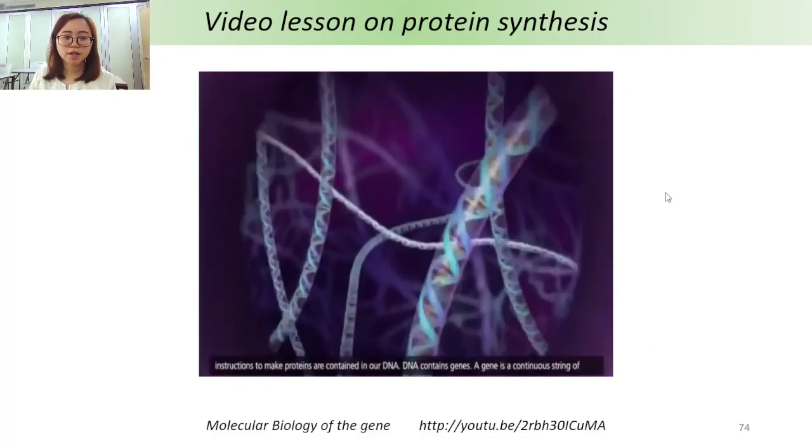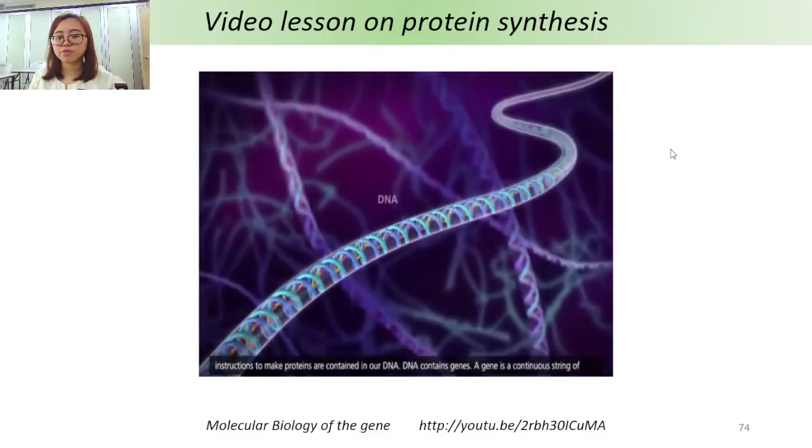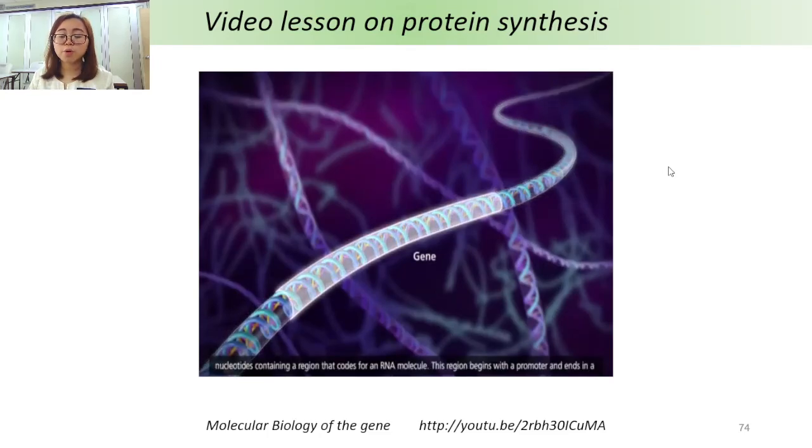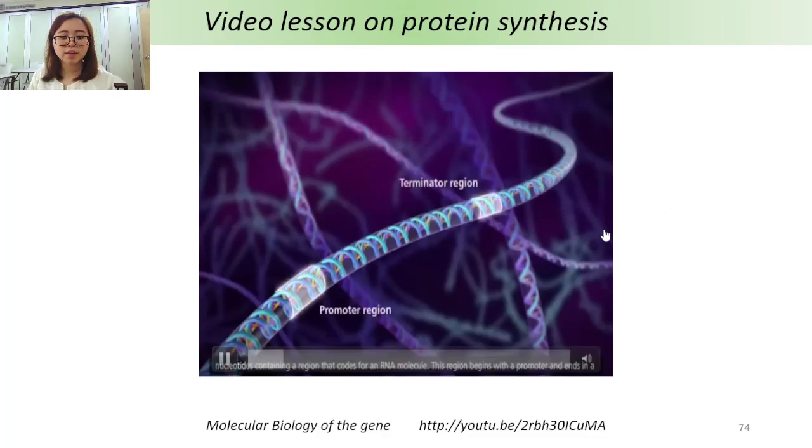The instructions to make Okay, so do have proteins a are look. It contained has in a our really good DNA. explanation. And DNA I contains really hope that it genes. helps A you to gene is a visualize continuous how string of protein nucleotides synthesis containing a involving region both that codes for an transcription RNA and molecule. translation This occurs region in each begins of with a our cells. promoter and ends Okay. in order.